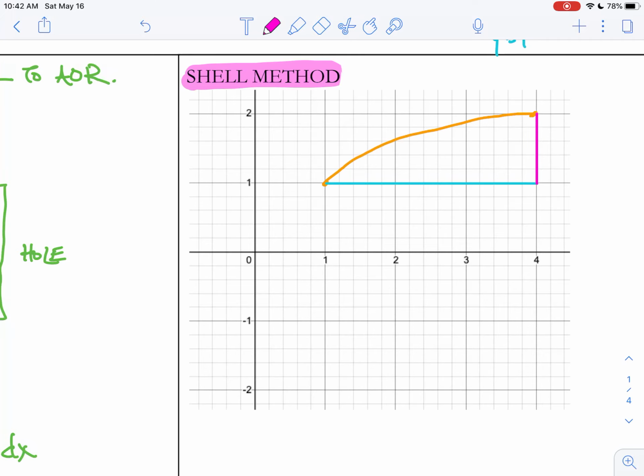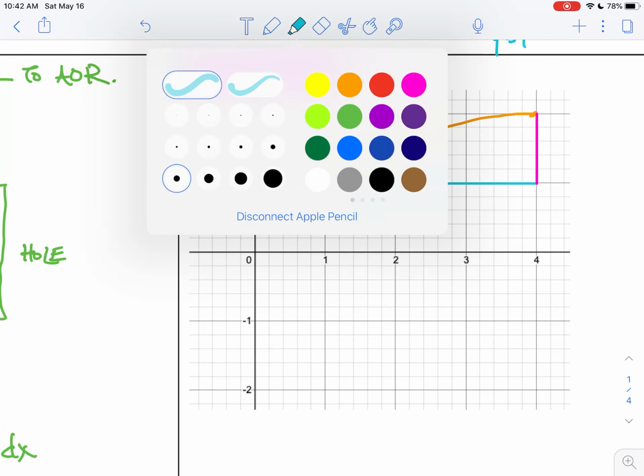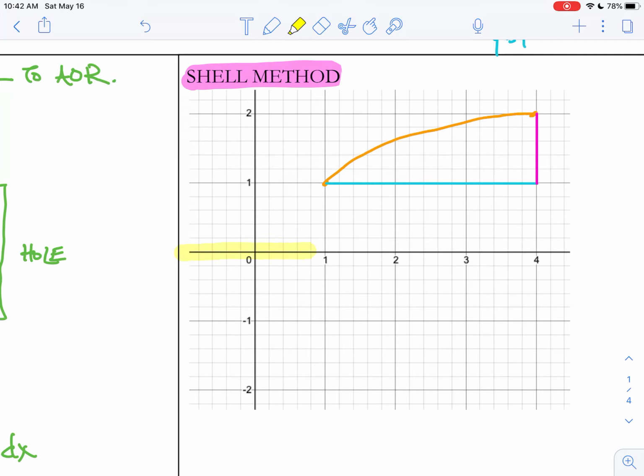I'm still revolving it around the same axis of revolution. So that x-axis is still my axis of revolution, which means that my reflection should look the same.